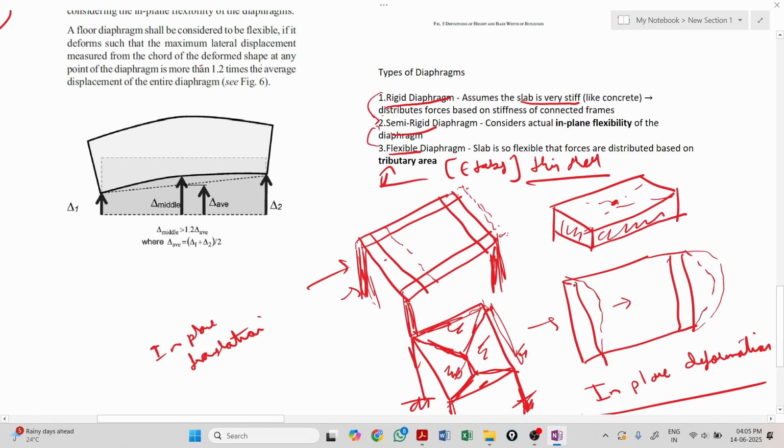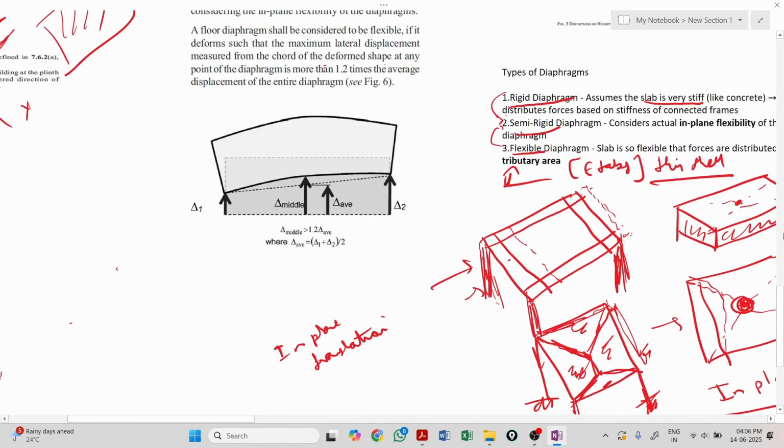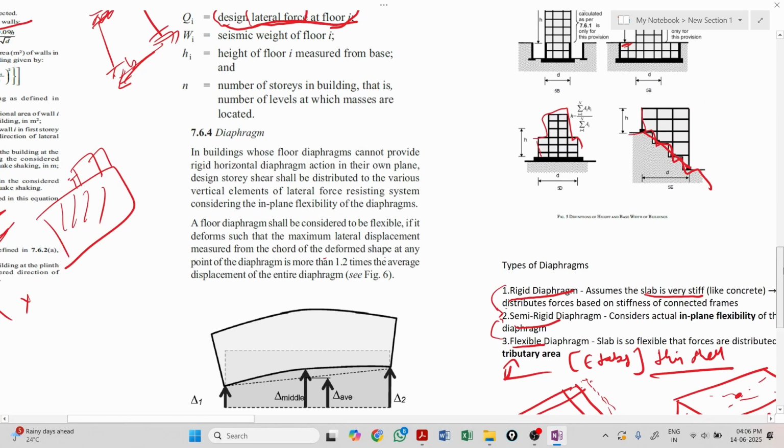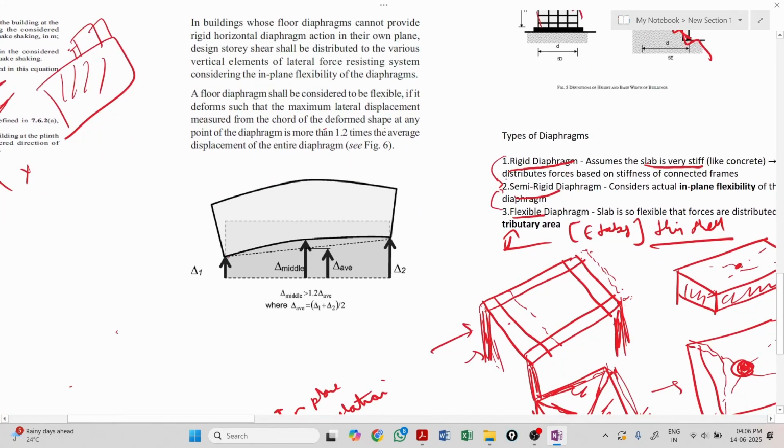Diaphragm is something where you take the whole load to one area, and due to the load acting, there will be an action in the support.